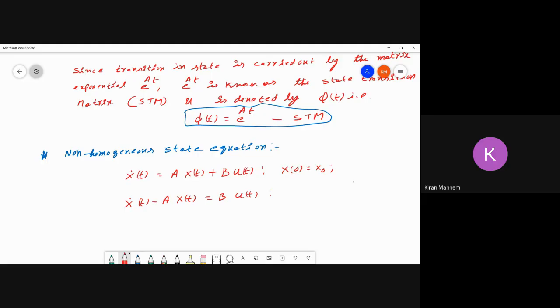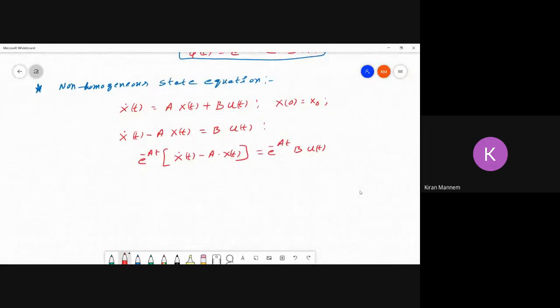Right. Now multiply with e power minus at on both sides. I can write it as e power minus at into x dot of t minus A into x of t is equal to e power minus at into B into u of t. Clear?